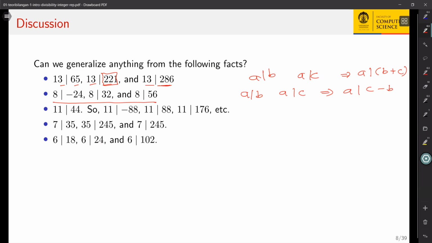Similarly, that's the rule. How about this one? What would be the principle? A divides the multiple of B, sir. Correct. So if A divides B, then A divides all multiples of B. And here, how about this one?